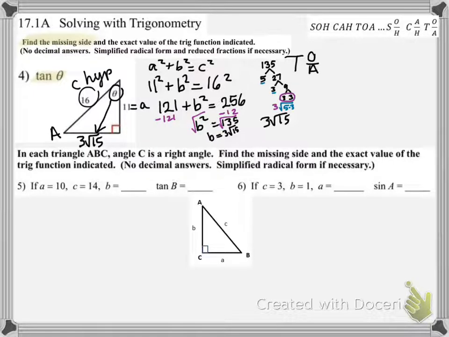And the side adjacent, which means touching the theta, is 11. So we have 3 root 15 over 11 is equal to tangent theta. 3 and 11 can't reduce with each other. I have no radicals on the bottom. That's my final answer. We're not going to do any inverses. Nobody asked us to find the measurement of that angle theta.